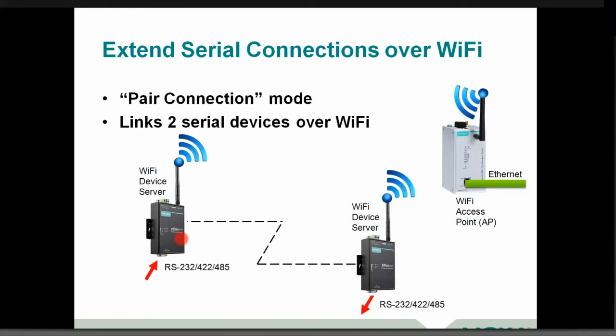One of the simpler modes of setup is a pair mode connection, meaning that I can connect device A on the left with device B on the right and exchange data amongst just the two devices. Real simplistic application, real common application as an easy way to connect those wirelessly.